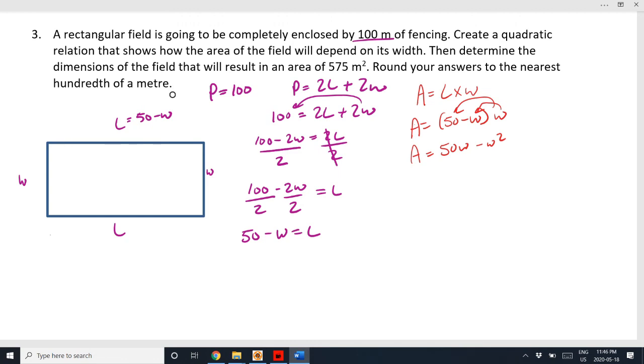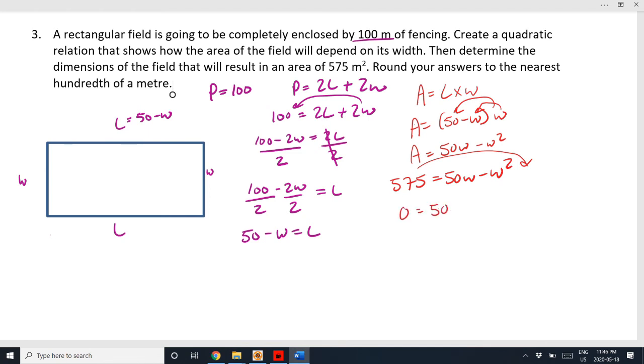Then we want to determine the dimensions of the field that will result in an area of 575 meters squared. So if our area was 575, we want to figure out what our W is. And so we can turn this into a quadratic in standard form by moving this value over here, and we're going to get something that looks like this.